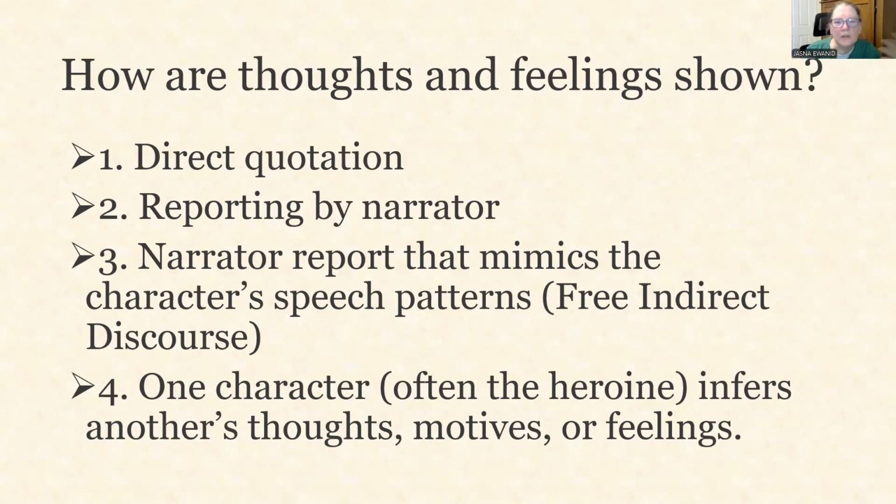Then we're going to talk about free indirect discourse, where the narrator is reporting the feelings or thoughts, but mimicking the character's speech patterns. And the last way is that one character, often the heroine, tries to infer another's thoughts, motives, or feelings.